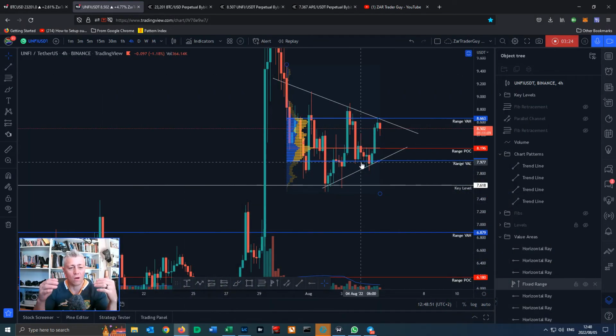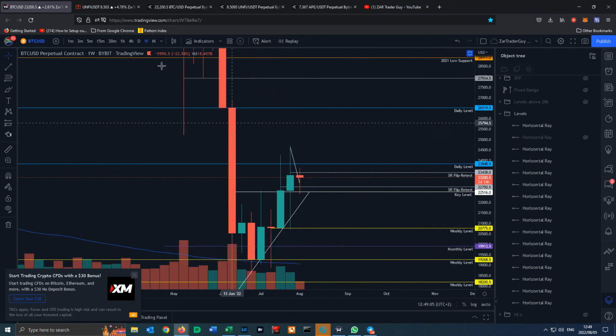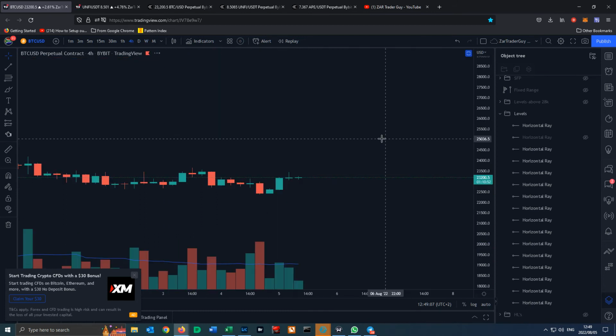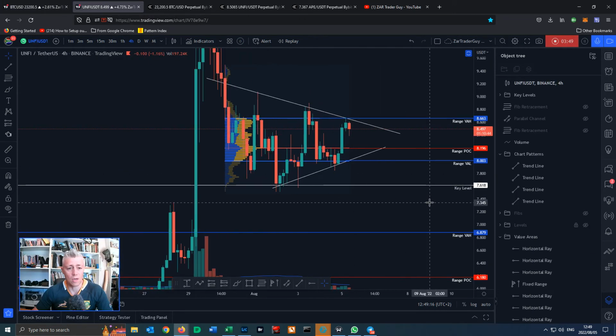Why? Because a lot of the ranges that have been trading, especially on Bitcoin over the last couple of days, have not been extremely wide. Yes, yesterday and the day before we had biggish moves, but nothing spectacular. We've kind of been range bound with Bitcoin. As you can see here on the 4 hour, it's a very tight range, but it is tradable and you can make money on it. I've taken a few scalps on it.